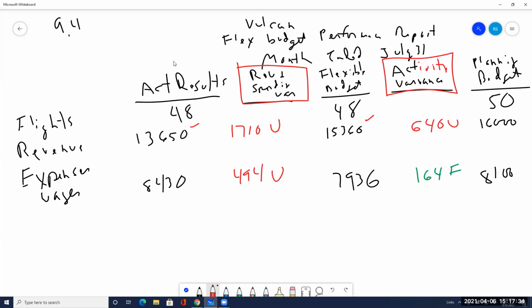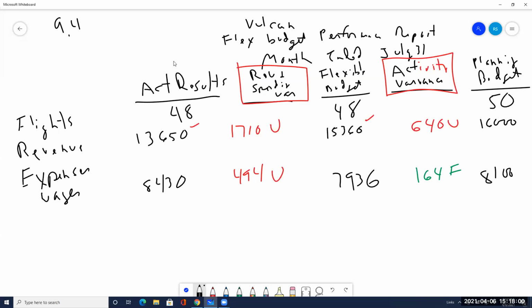That 494 is like 5% of revenue. 10% would be 800. So it's like 5%. Once again, that's probably a pretty big number. Why are we so far off? I want an explanation for that.